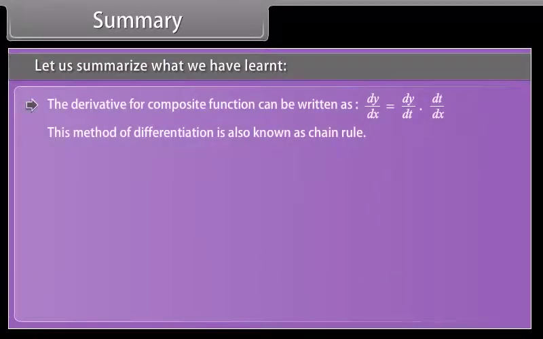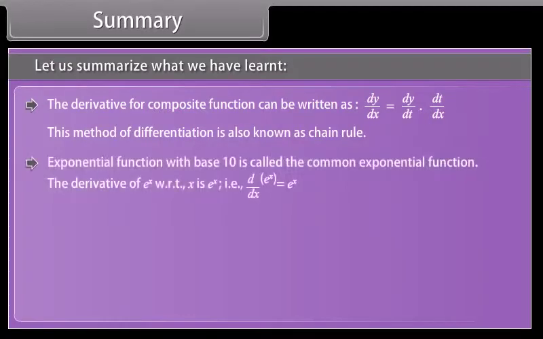The derivative of composite function can be written as d by dx of y is equal to d by dt of y into d by dx of t. This method of differentiation is also known as chain rule. Exponential function with base 10 is called the common exponential function.